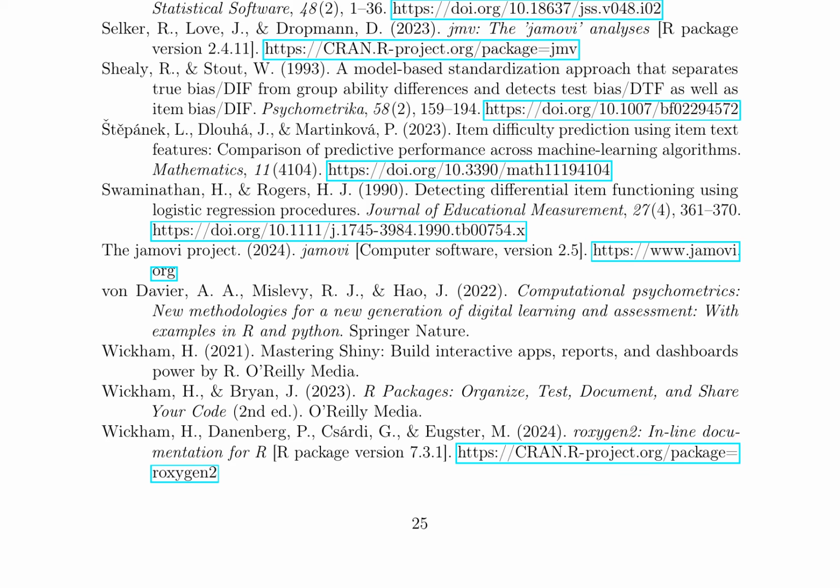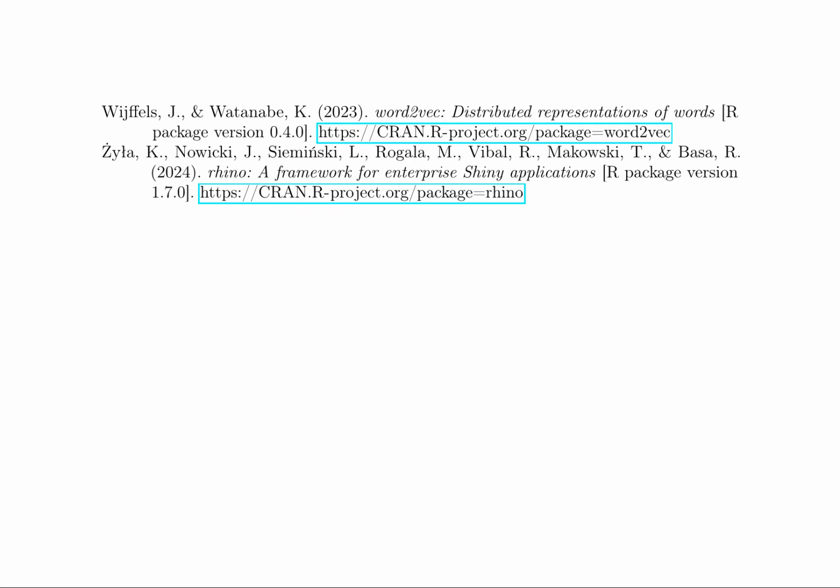The summary covers various methodologies, such as logistic regression and computational psychometrics, highlighting the importance of accurate item difficulty prediction for educational assessments. It includes references to several R packages and their applications in psychometric research, showcasing the potential of these tools for data analysis and visualization.